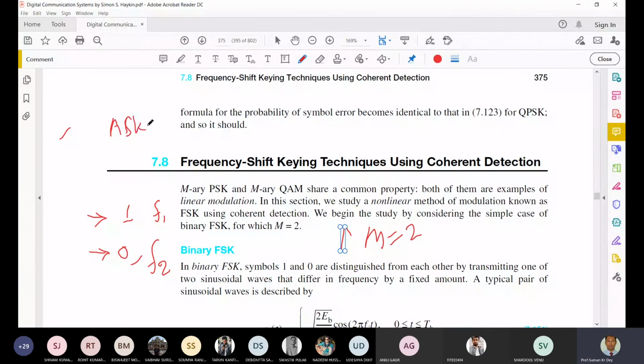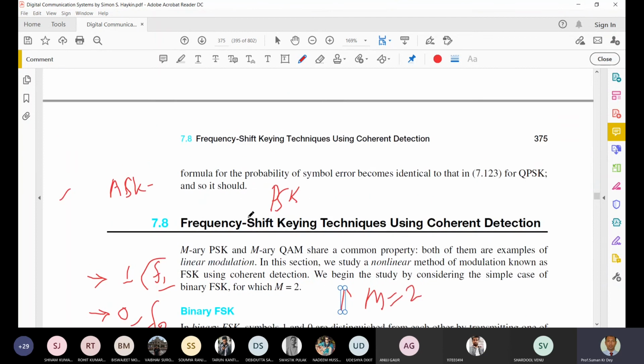In PSK we have seen there is a phase shift of 180 degrees, using the carrier with the same frequency for 0 and 1, but with a phase shift. But in frequency shift keying, we are using two different frequencies, but there is a continuous phase. So that means there is no phase change that we normally consider.